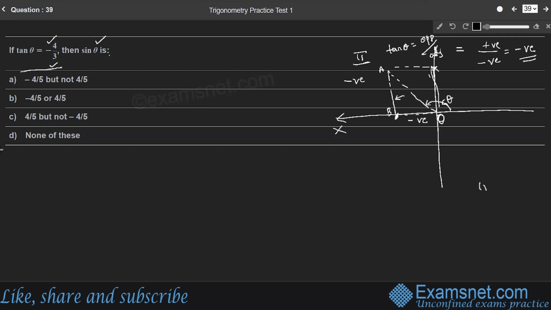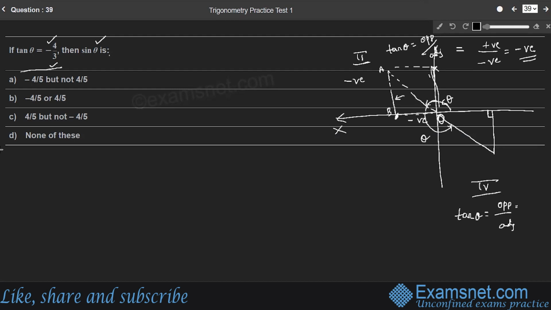And also in the fourth quadrant. So in the fourth quadrant, if you consider an angle, let us draw a perpendicular to the x-axis. While measuring the trigonometric function, we have to always draw a perpendicular to the x-axis. It may be to the positive x-axis or negative x-axis. So when the angle is measured like this, theta is the angle in the fourth quadrant, right? Therefore, tan theta becomes opposite by adjacent side, right?